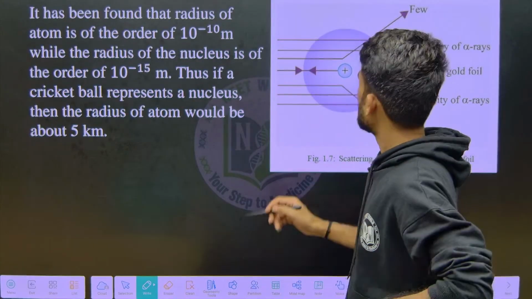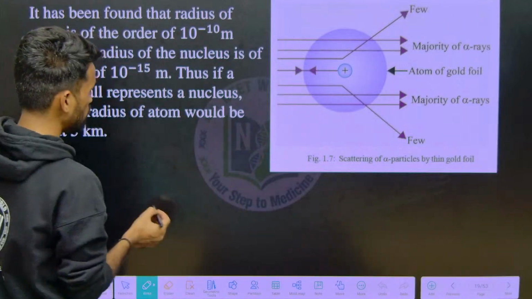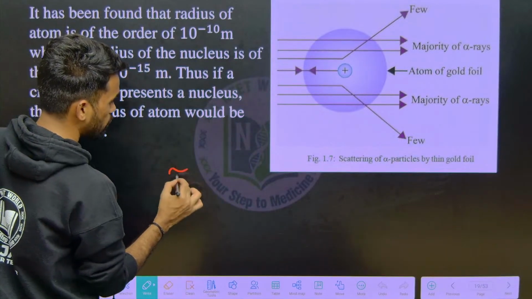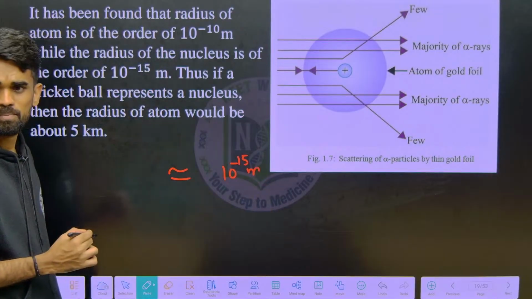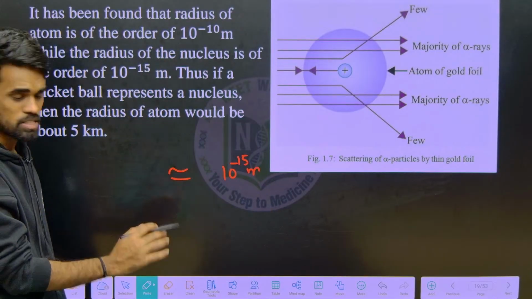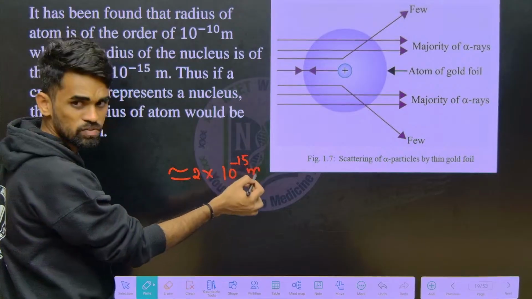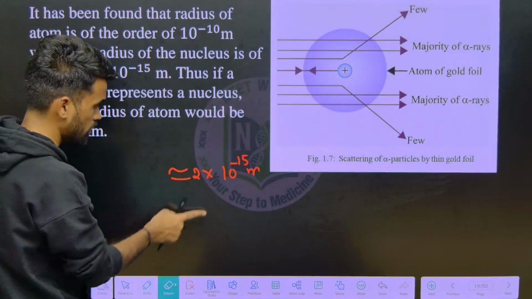It is found that the size of the nucleus is in the order of 10 power minus 15 meters. Order means it may be something like 2 into 10 power minus 15 or 3 into 10 power minus 15, some kind of multiplication.